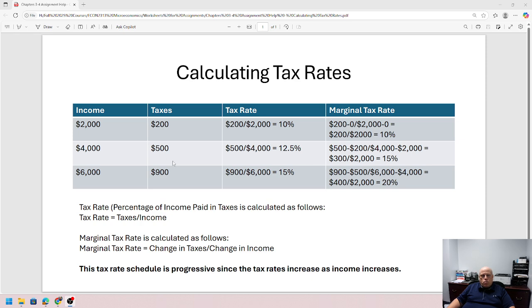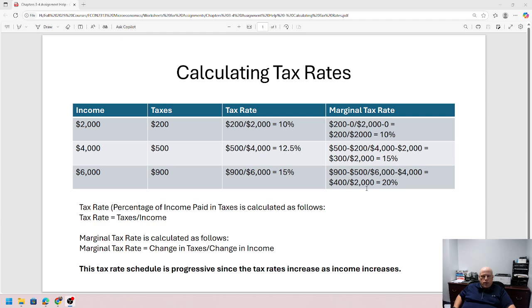In this case, it would be $900 minus $500, which is $400, divided by the change in income, which is $6,000 minus $4,000, or $2,000. So the marginal tax rate for that last row of the table is $400 divided by $2,000, which is 20%.